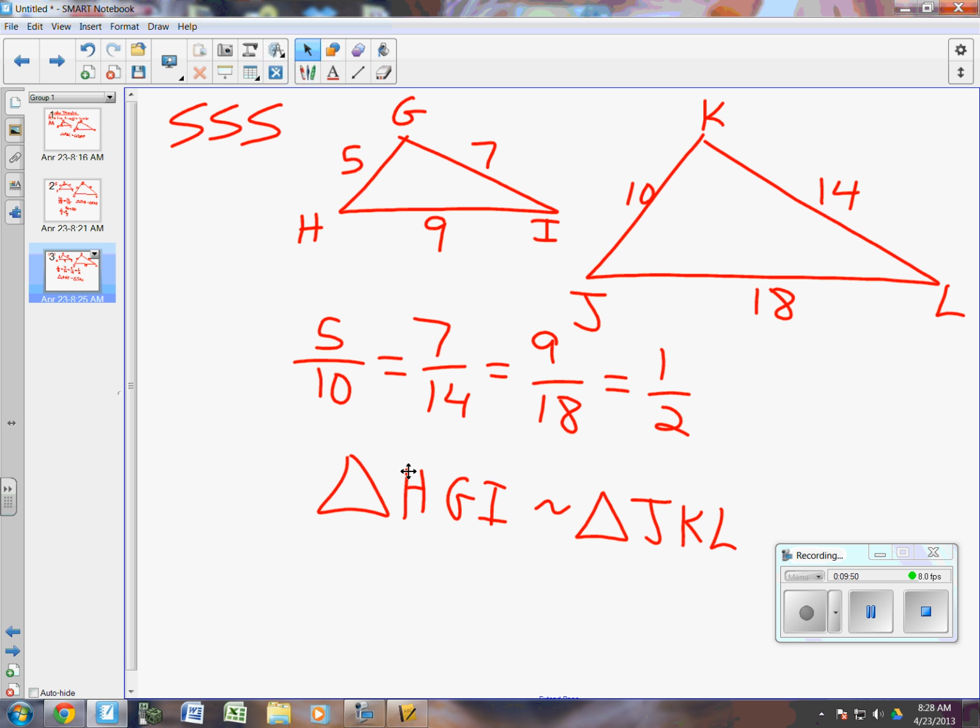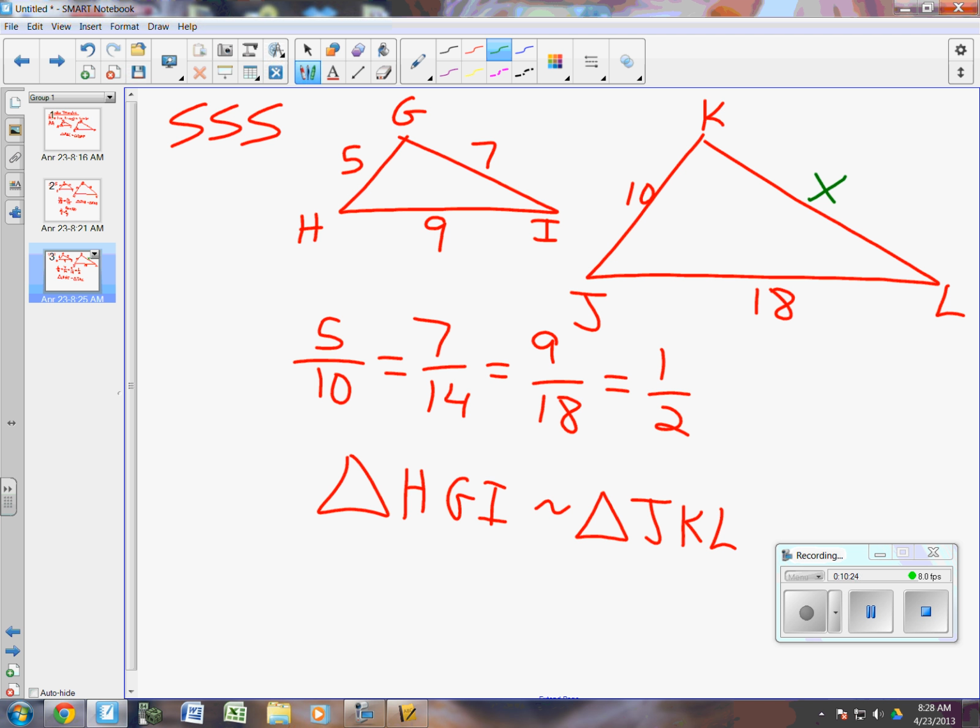Okay, now, one of your assignments today is to be able to solve some problems involving similarities like this. Now, sometimes you might have an X in there. I might have put an X on like this one right here. Instead of putting a 14 there, I might have put an X. How would you go about solving a problem like that? Okay, so we'd find the proportions of the two.